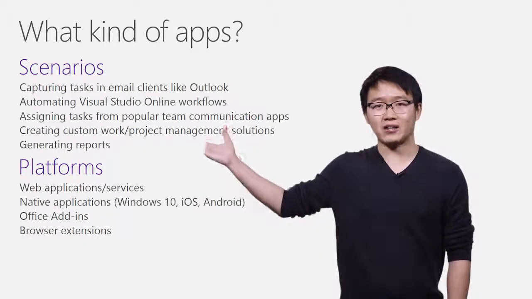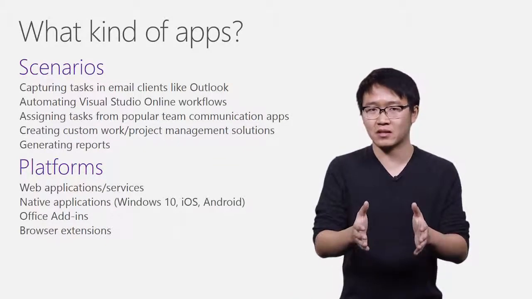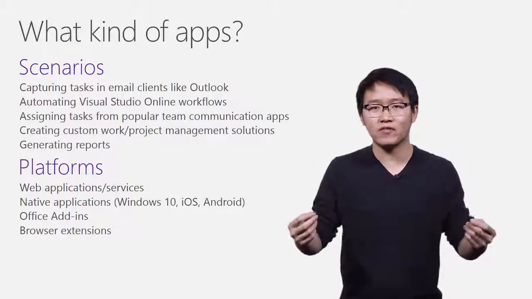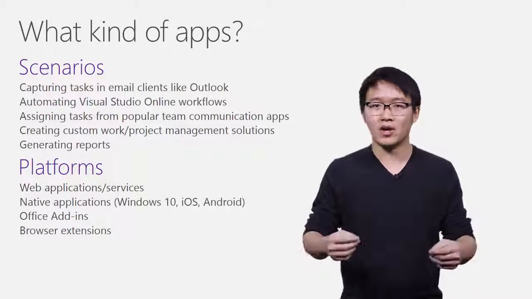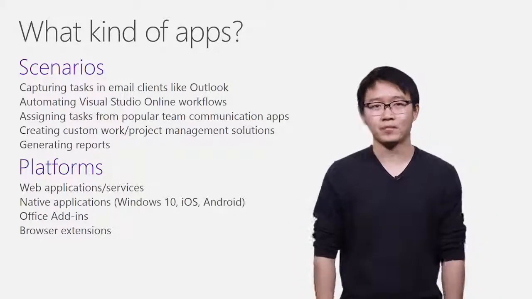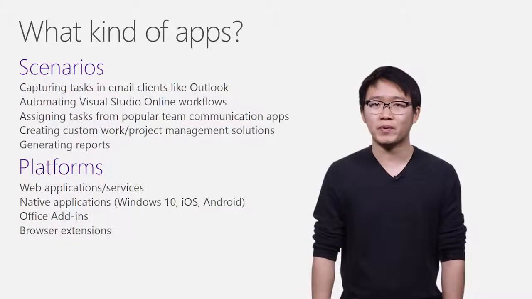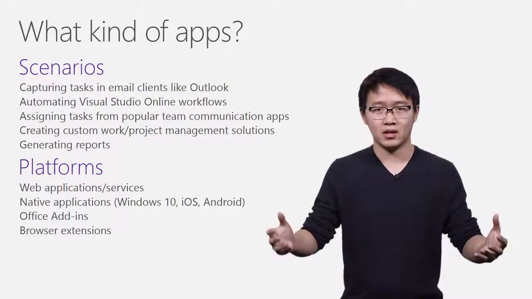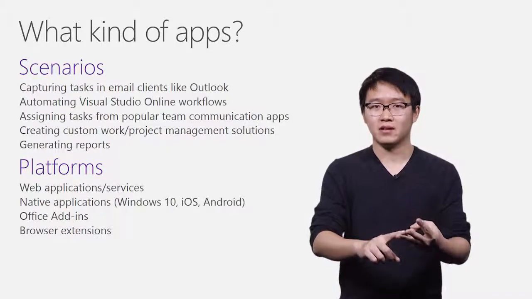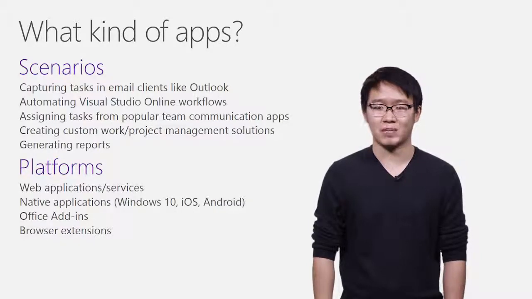What you see on my right are some examples, and they range from helping users capture work and tasks in the context of what they're doing, to automating an existing workflow that involves tasks, to integrating it within popular team applications, and more. And with a platform-agnostic REST interface, your solutions could be realized in all different forms, be it web services, native clients, or Office add-ins. Just think about what you can build with Excel add-in app model and the Task API, for example.